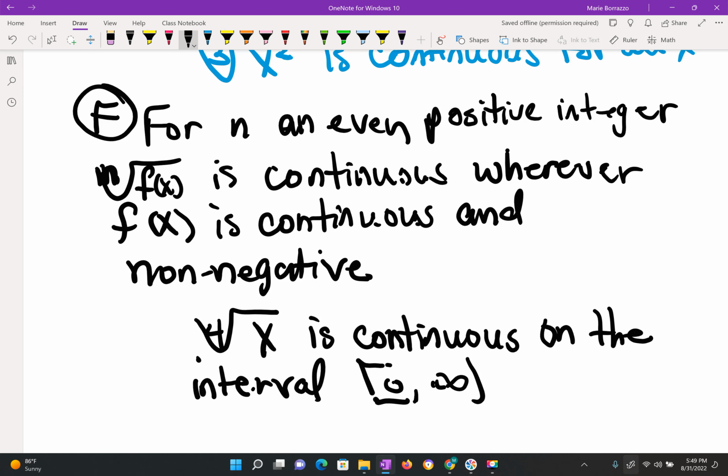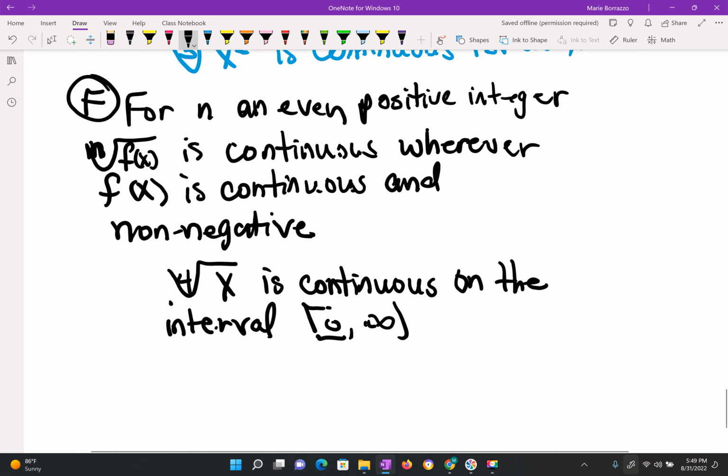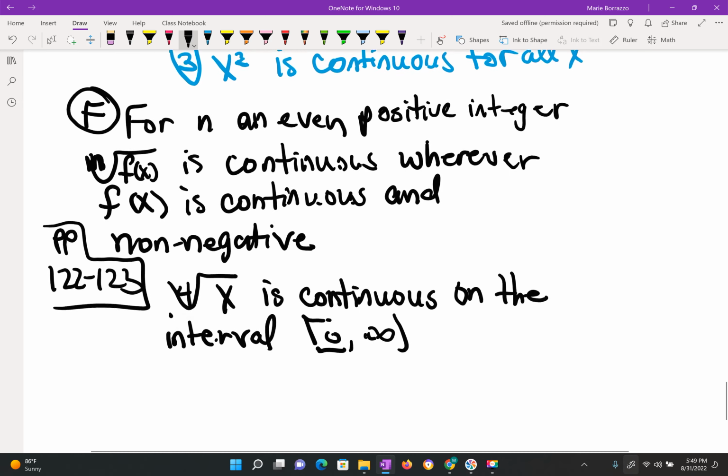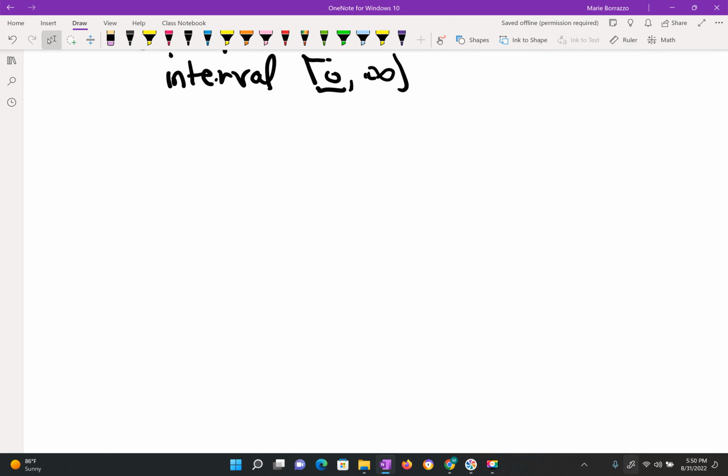All right, so this is on page 122, 123. If you want to go back and take a look at the notes, it might help you. This is also recorded, so all right. So that takes us to example 3, where we are using continuity properties.